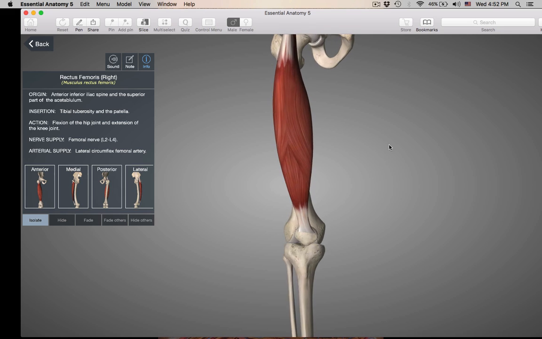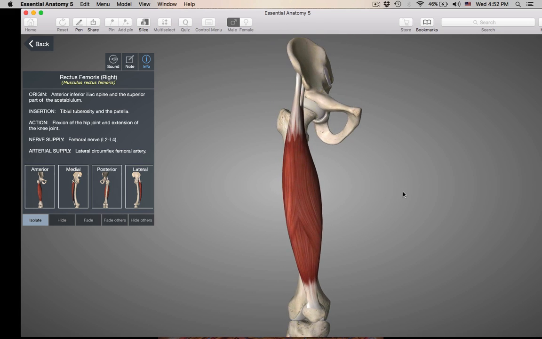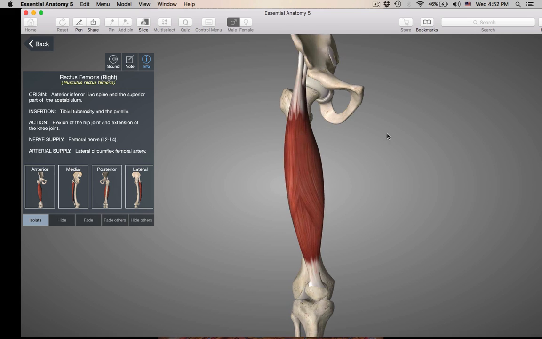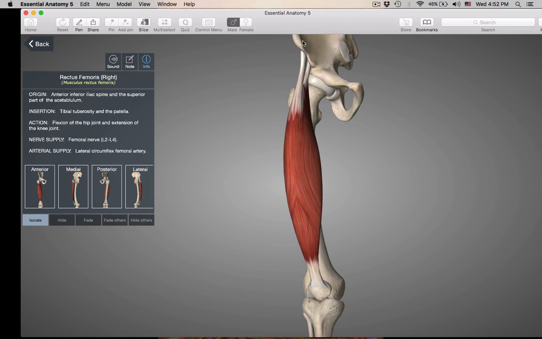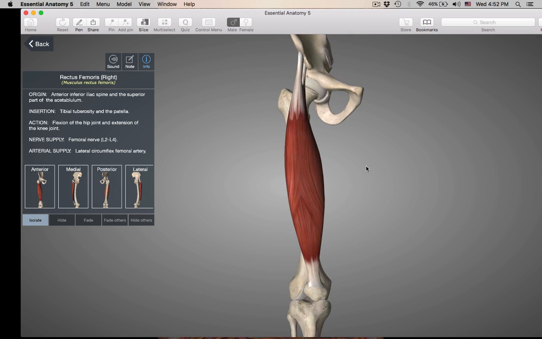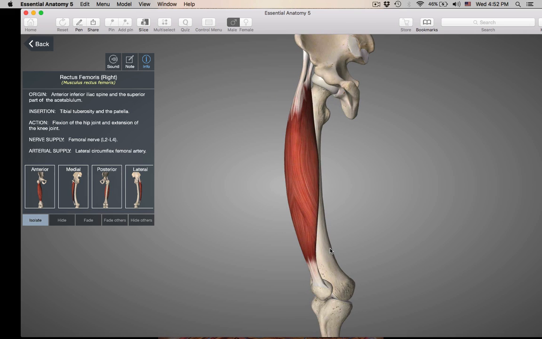So what we see here with the rectus femoris is it is going to have action at the hip joint. I to O, so it's going to be causing hip flexion also. And it's also going to have action at the knee joint. And we'll do the action at the knee joint when we get to all the quads because they all have the same action.